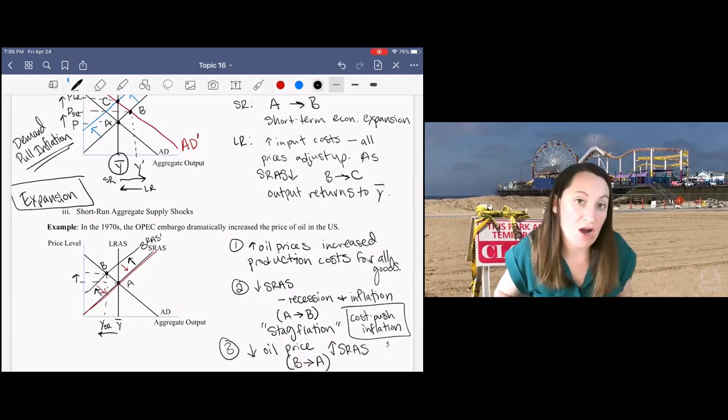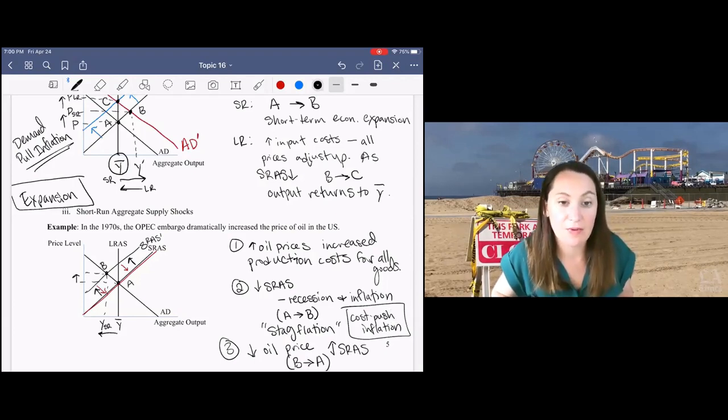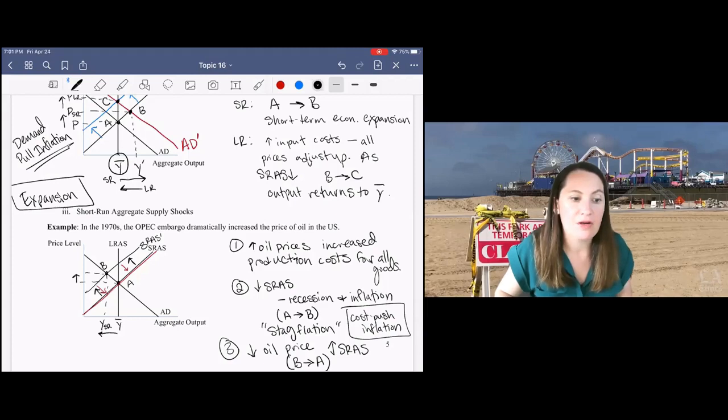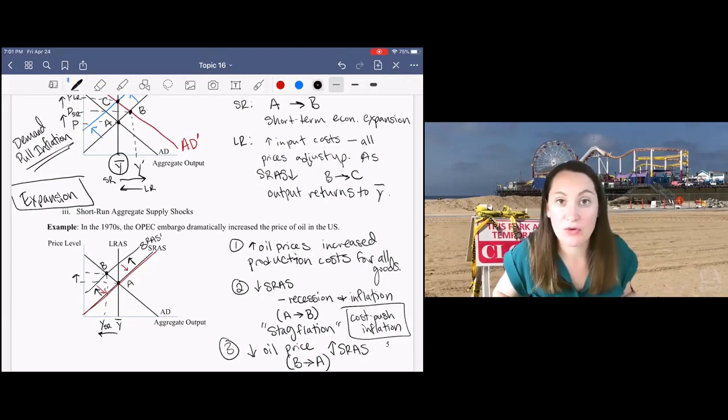This is not very common to have a shock to short-run aggregate supply. It would happen if production costs across all goods in the economy were to increase. We could have a recession with inflation. We worry about that happening if we have shocks to things like oil, labor, or if we have reductions in efficiency or trade.